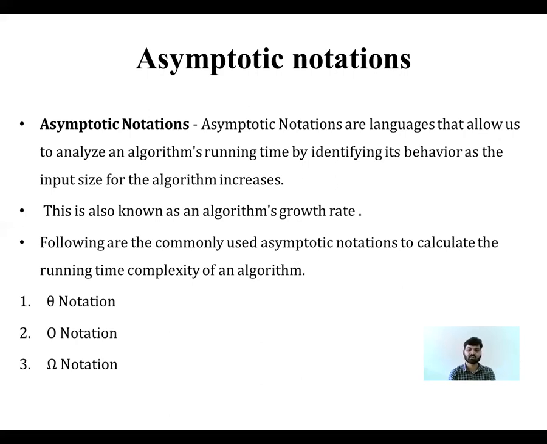We can measure the algorithm's growth rate by using various notations. These notations are: first one is theta notation, second one is big O notation, and third one is omega notation. We will see these notations in brief in the next lecture. So let's stop here. Thank you.